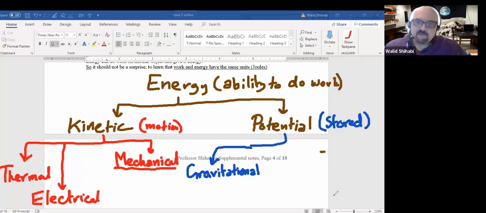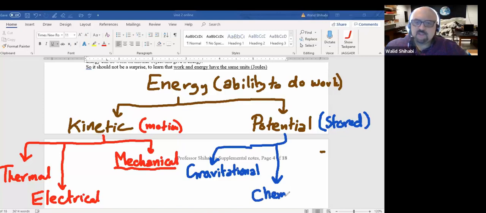So the first type of potential energy, gravitational potential energy, is called that because if you place an object above the surface of the Earth and you release it, it will fall, and whenever it falls on something, it will be able to apply force on it and move it a certain distance. So gravitational potential energy has the ability to do work. Another type of potential energy is chemical potential energy.